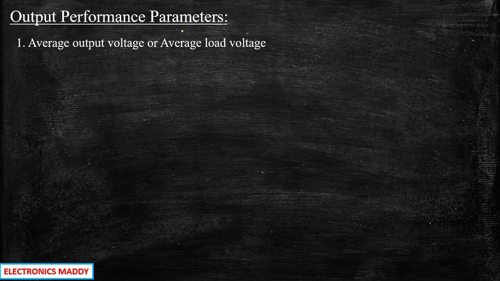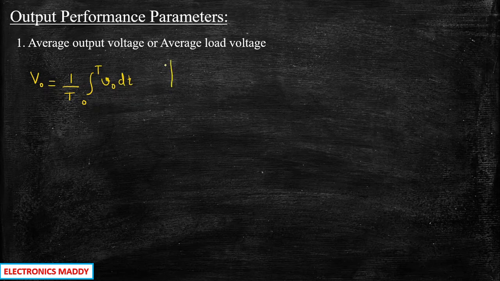Now we will take a look at the first output performance parameter, that is average output voltage or average load voltage. In general, can we write from the definition of average value, V out is considered as average output voltage: 1 over T into integration from 0 to T of V out into dt. This is small v out in general.